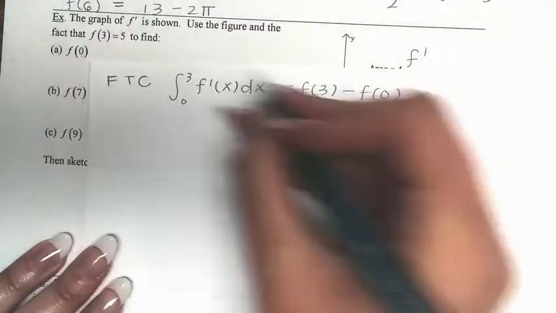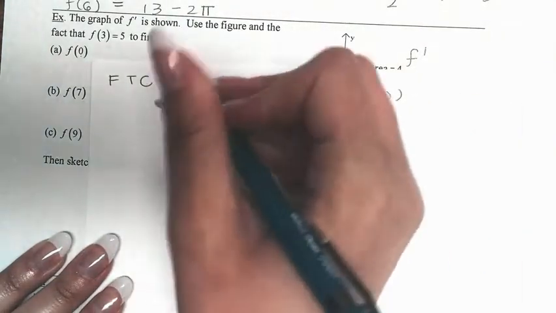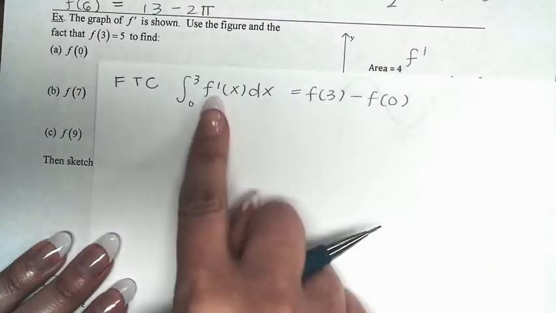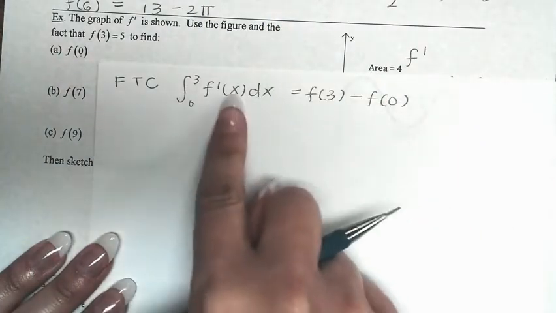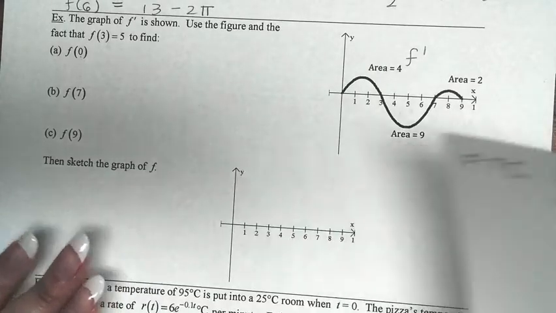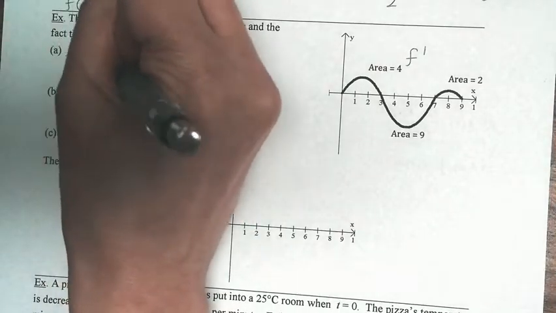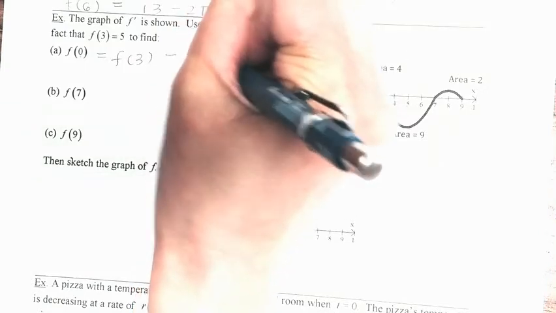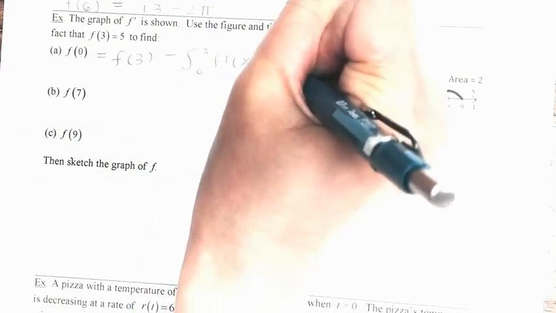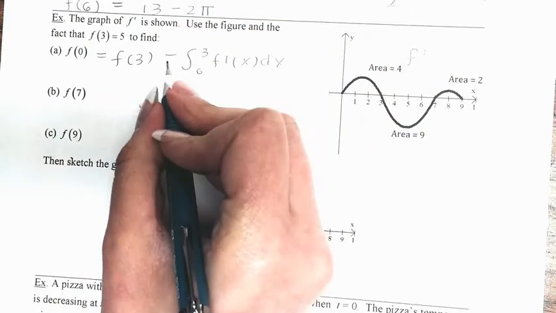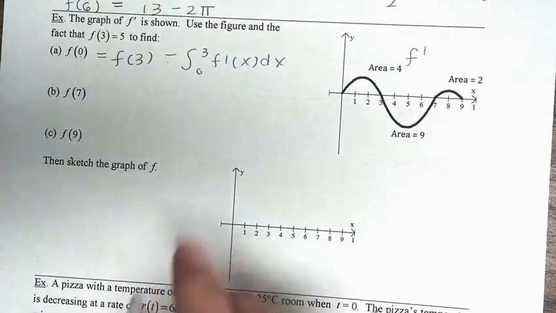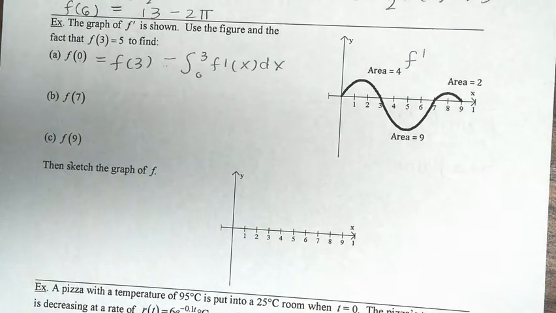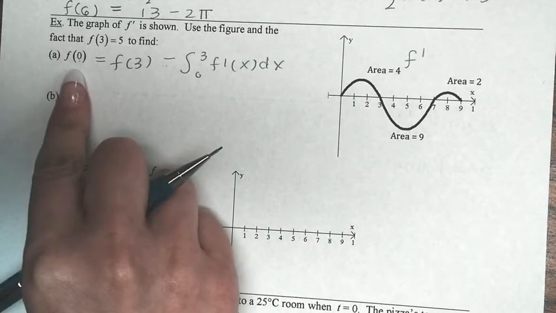So since they are asking for f of 0, I would move the f of 0 to the other side, and the integral to the other side, having what? You would have f of 3 minus the integral from 0 to 3 of f prime of x dx. Please note that this one is minus because here the limit of integration that I chose is the lower limit of integration.